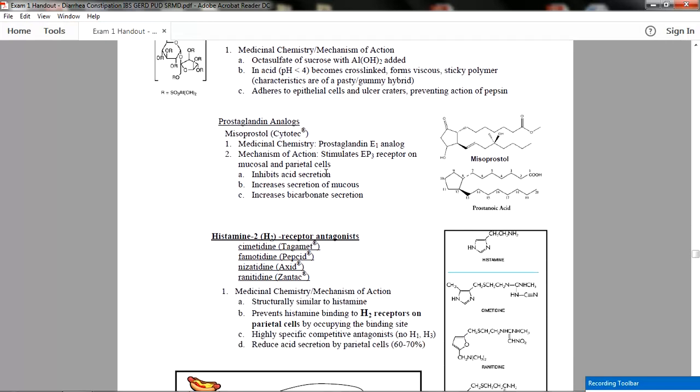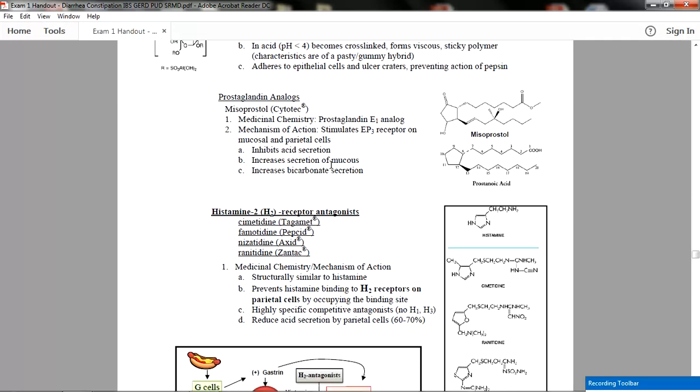Next, again, are prostaglandin analogs, misoprostol. I already mentioned that. Here are the details, and this is the structure of it. It looks very similar to prostanoic acid, which is like your basic skeleton structure for all the prostaglandins. So misoprostol is very prostaglandin-like.